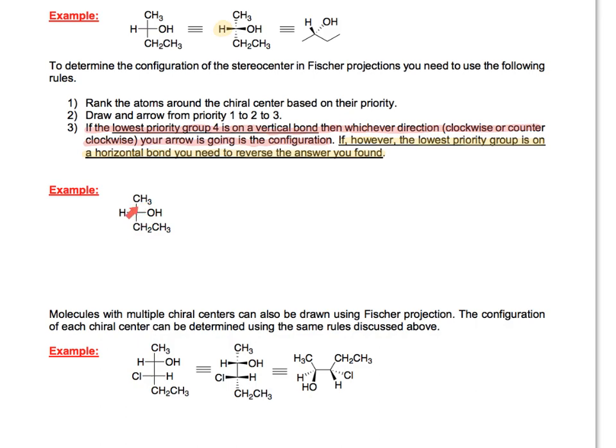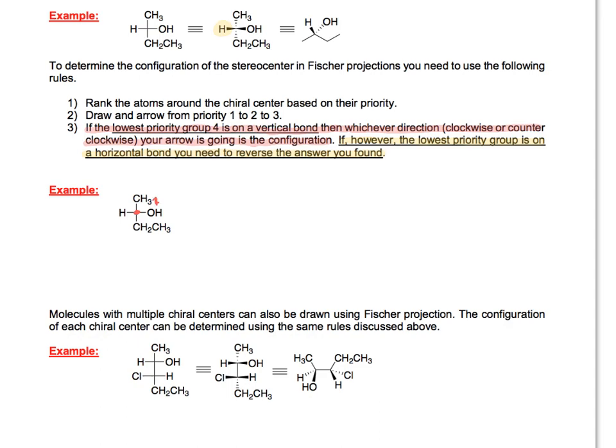Okay, so this is our example from above, and let's assign each of our priorities. So here's our chiral center in red. Around this chiral center, we've got a carbon, an O, and an H. Our highest priority group is going to be the oxygen.